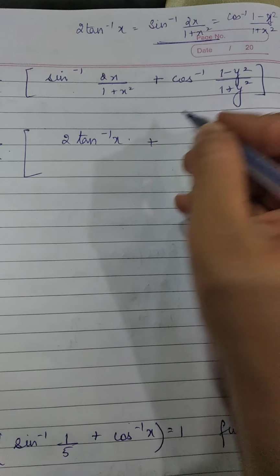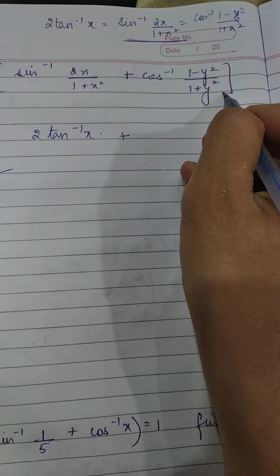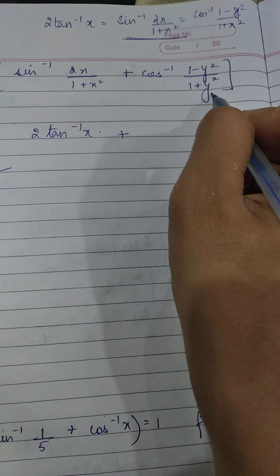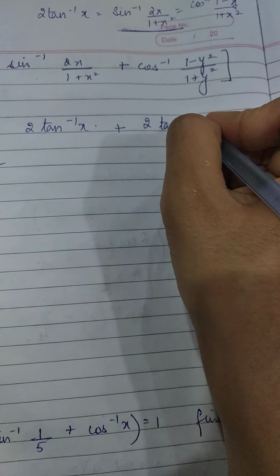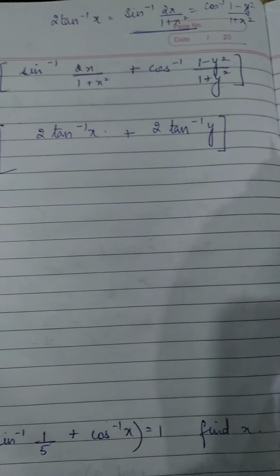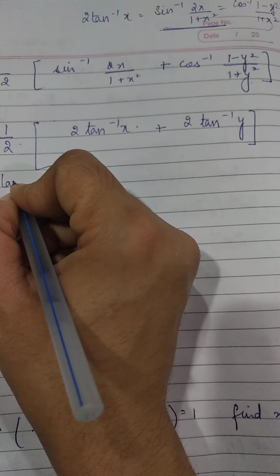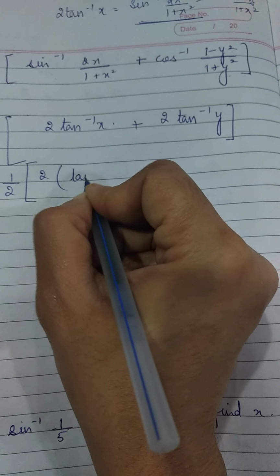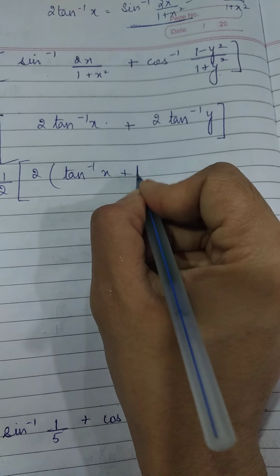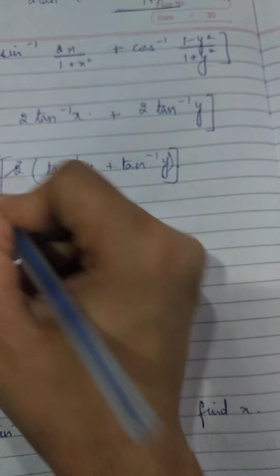And likewise, cos inverse 1 minus y square upon 1 plus y square, what can I write? Here we have used y. So instead of x, I can put 2 tan inverse y. Now, tan of 1 by 2, taking 2 common, what are we left with? Tan inverse x plus tan inverse y. This 2 and 2 cancel.